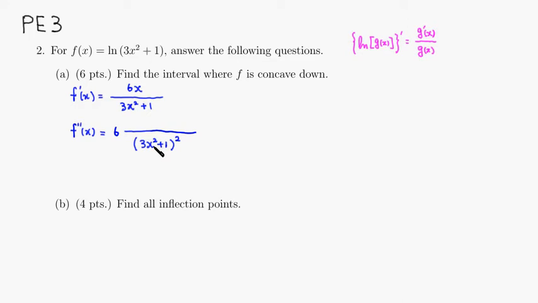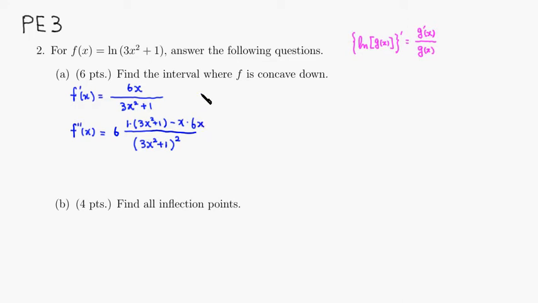And the derivative of the top is 1 times the bottom, so 3x squared plus 1, minus the top, x, times the derivative of the bottom, again 6x.